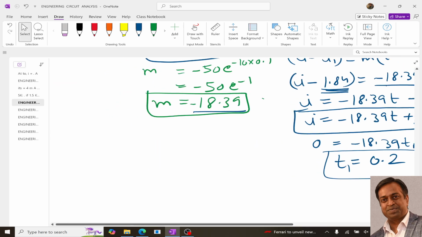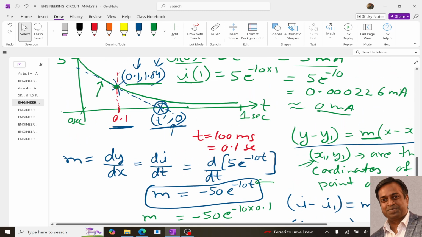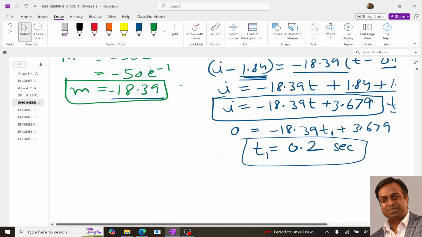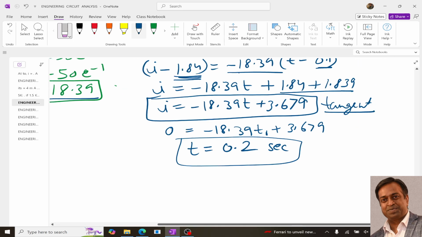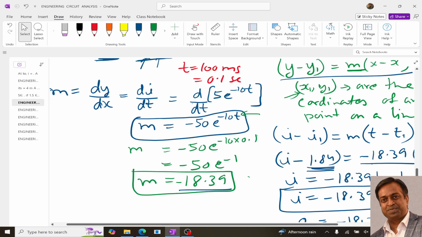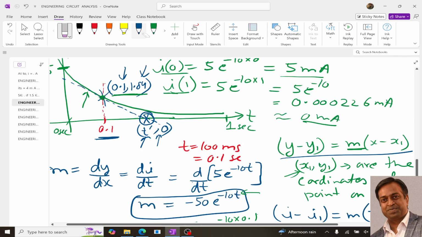Now going to the graph, it means this t dash, because I have taken this as t dash. So over here t dash is 0.2, so we can say that this point is 0.2 seconds, right?